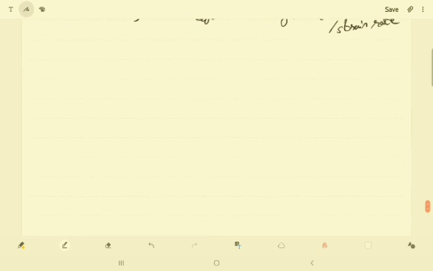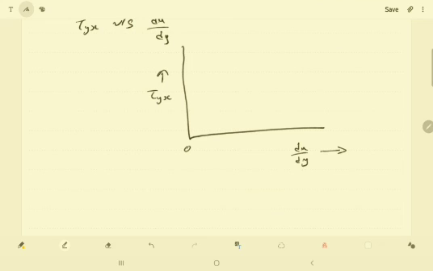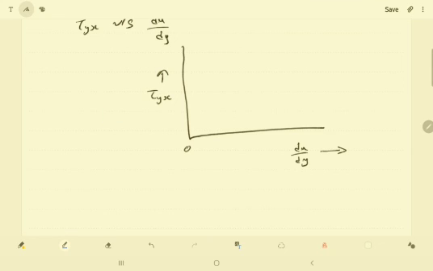If we draw a graph between tau yx and velocity gradient du by dy, with du by dy in this direction and tau yx in the other, then the slope will be directly proportional, it's a straight line, and the slope will give us the viscosity of the fluid.